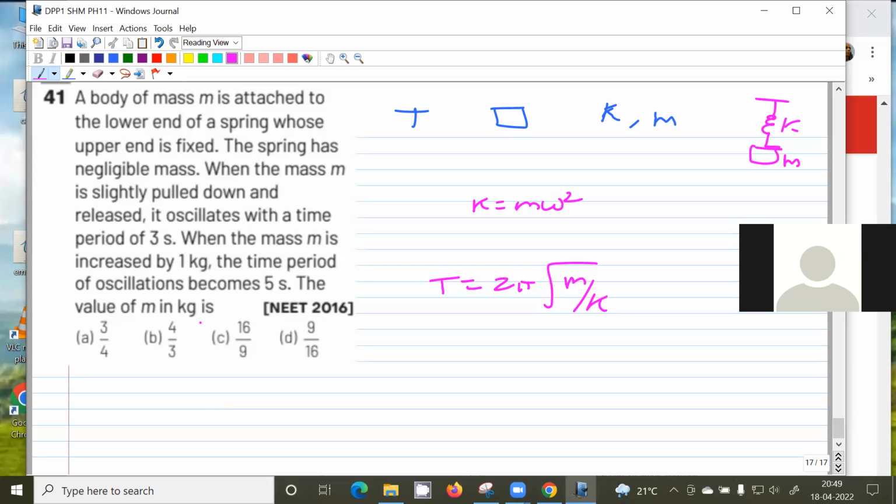But here we don't know about the K constant, no, sir. The same spring, no, in the two cases. So K is the same for both. So we cancel.